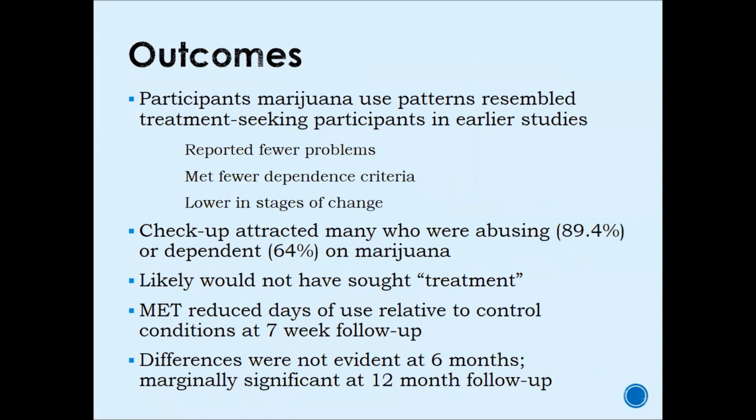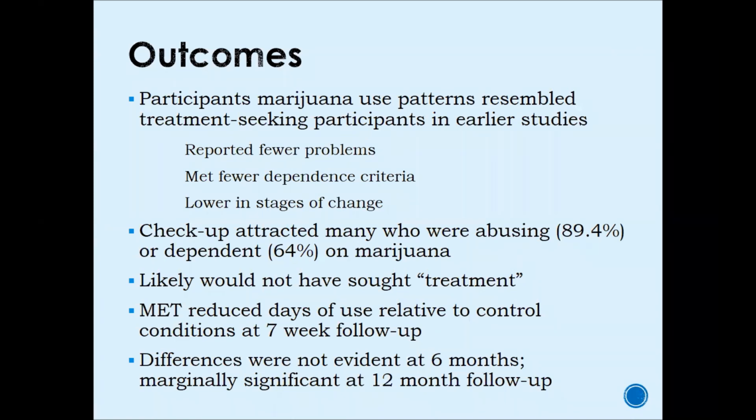And the participants looked very similar in their marijuana use, their diagnoses, and the problems related to their use as folks who presented in our treatment studies. So they looked very much like a clinical population with a few exceptions. The amount of problems that they experienced with regard to their marijuana use were fewer than the treatment seeking population, and they also met fewer dependence criteria.